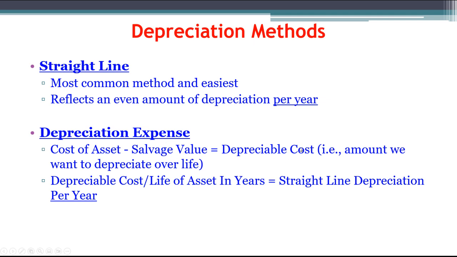That gives you what's known as a depreciable cost, the amount of cost you want to depreciate over its life, and then you spread it evenly over the number of years or months or whatever you're trying to depreciate it over. Depreciable cost divided by the life of the asset in years gives you the straight line depreciation amount per year, and it'll be the same every year.